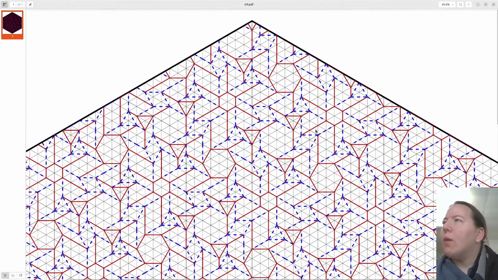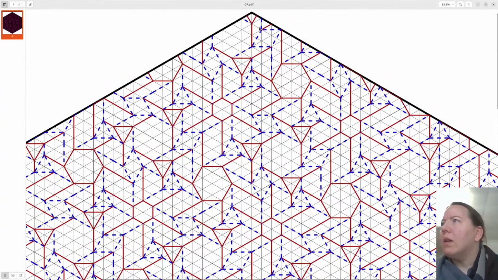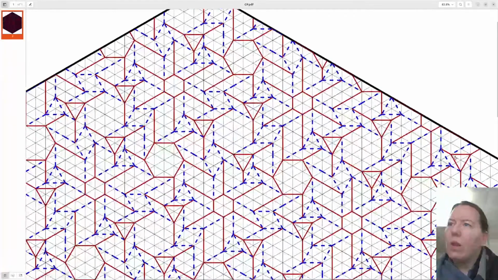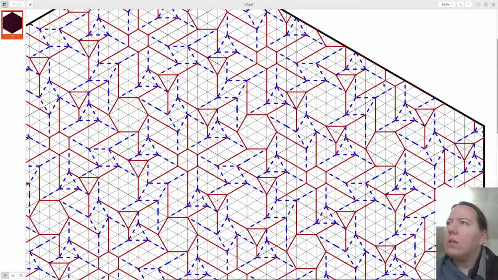And with that, I would be turning this rhombus into a triangle. That triangle's not going to get folded. This one's going to continue out to the edge.